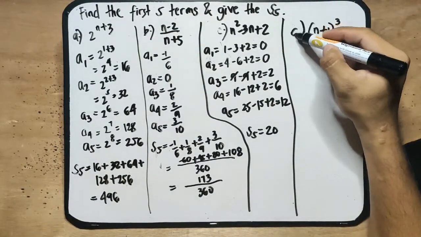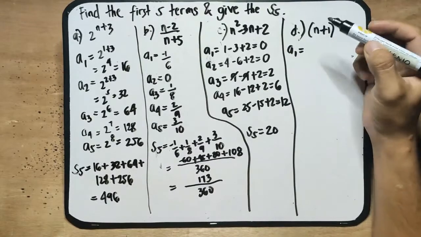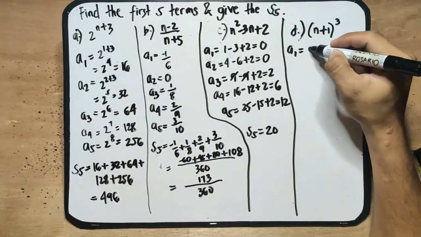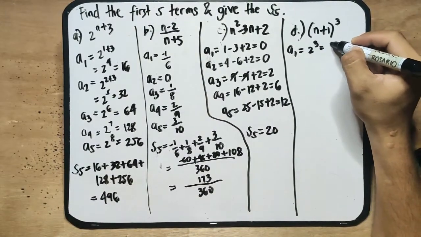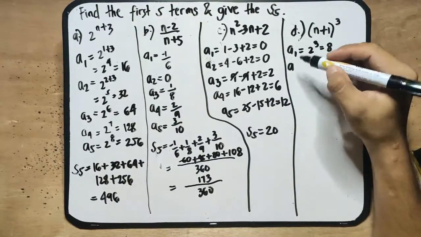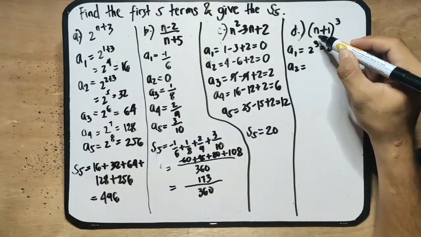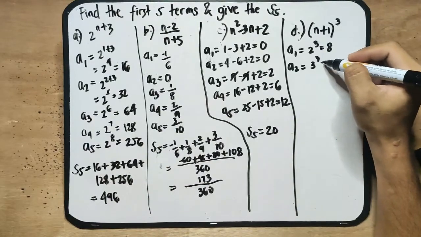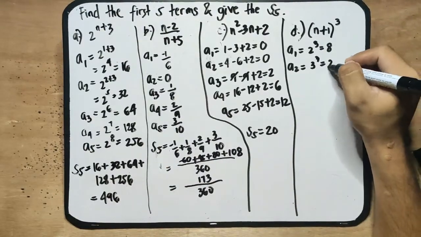Lastly, for the fourth item, the first term, if n is 1, then we have 1 plus 1 is 2. 2 cubed is 8. If n is 2, we have 2 plus 1 is 3. 3 cubed is 27.